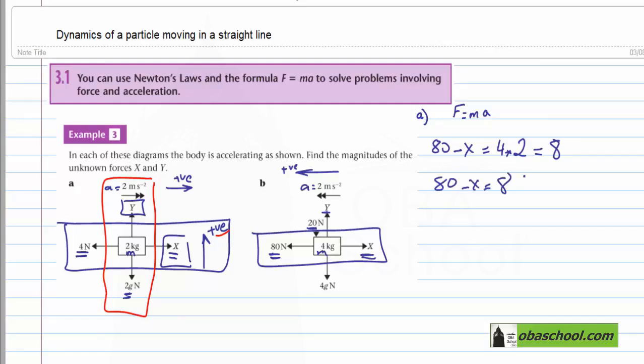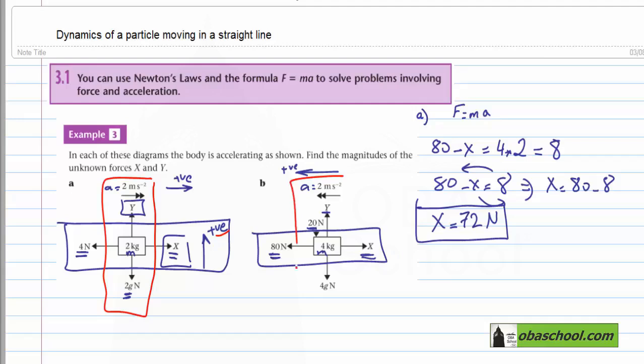This is a Newton, so the equation is equal to 8 newtons. Then to find x, we move negative x to the right side and we move 8 to the left side. Then x is equal to 18 minus 8, that's equal to 10 newtons. So x, the unknown force along the x-axis, is equal to 10 newtons.